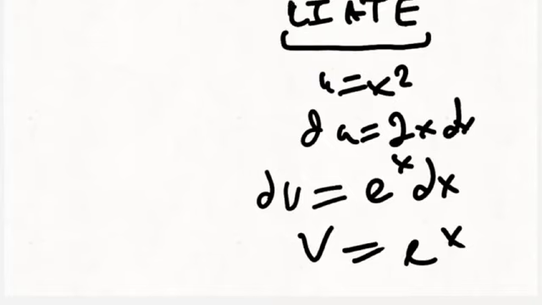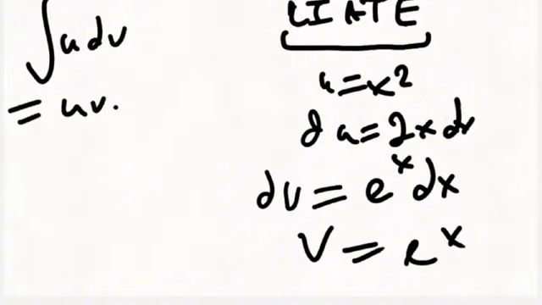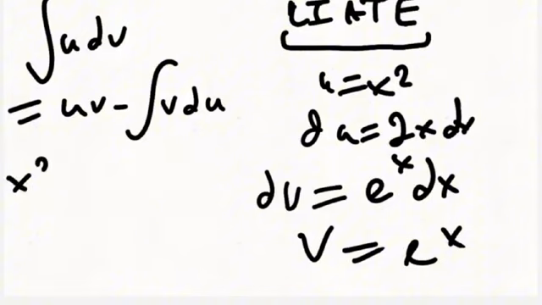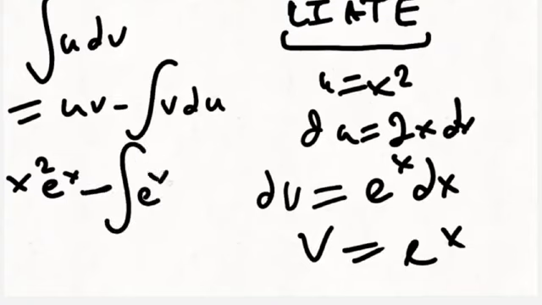Now we do the integral of u dv, and that's equal to uv minus the integral of v du. We have u is equal to x squared, and v is equal to e to the power of x, and we just do plug and chugging in general. So we have x squared e to the power of x minus the integral of e to the power of x times 2x dx.